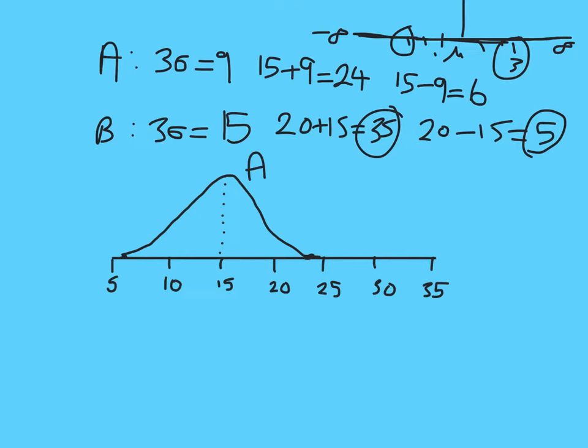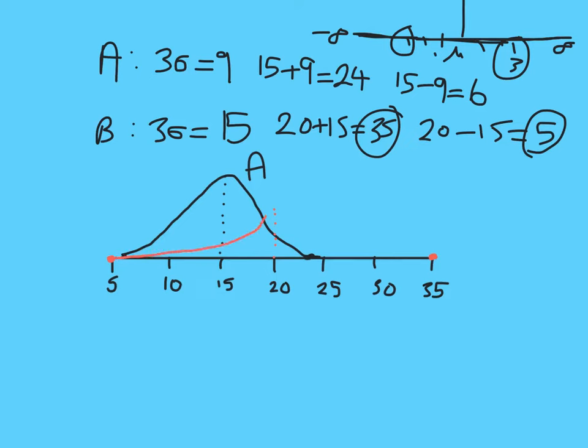Now before I draw curve B, I might be uncertain about how high to draw it. I know it goes between 5 and 35. I know its mean is at 20. But the area under both curves has to represent 100%, so it has to be representing the same number, the area underneath. So I can't draw them the same height.